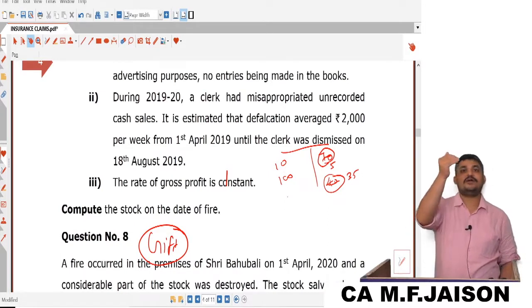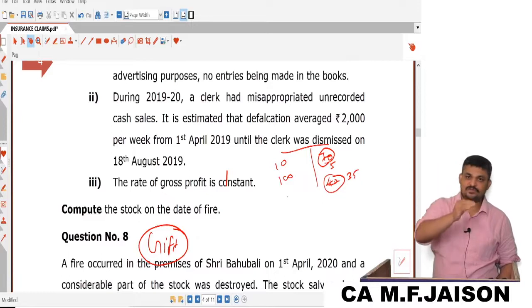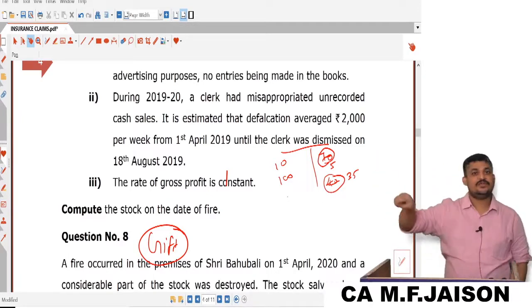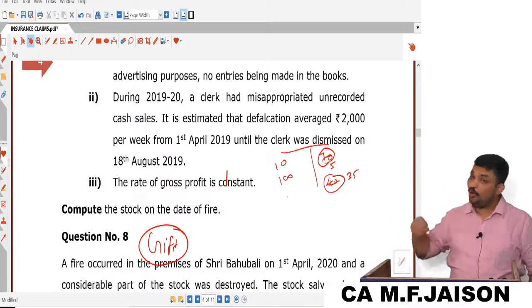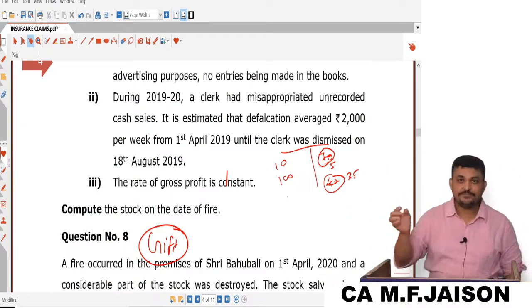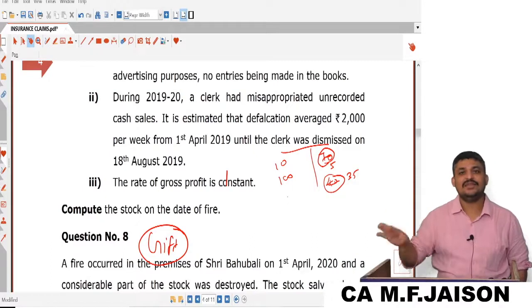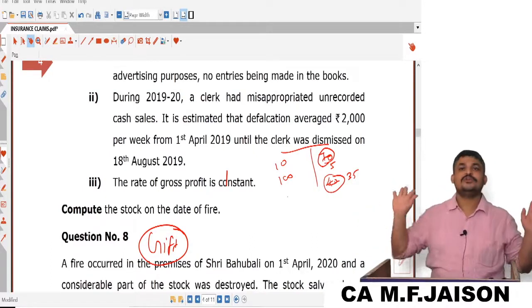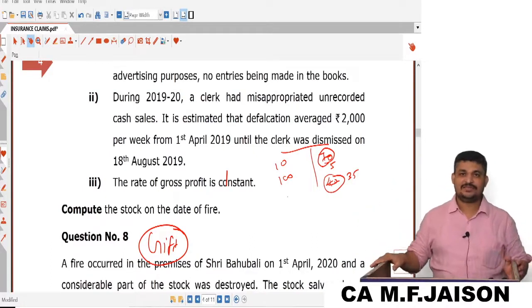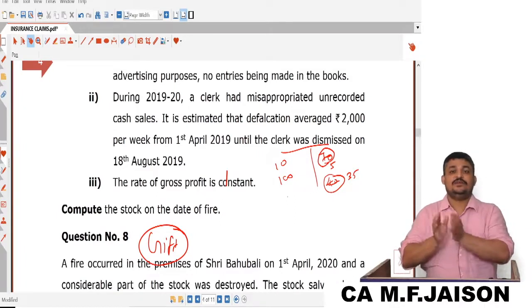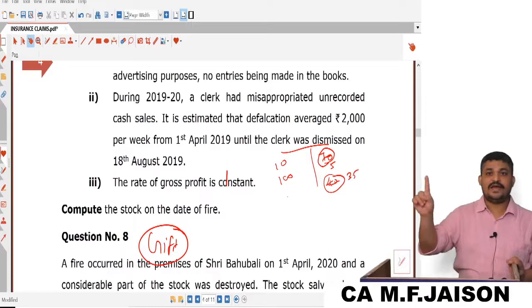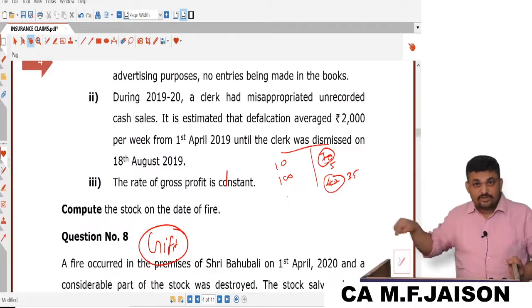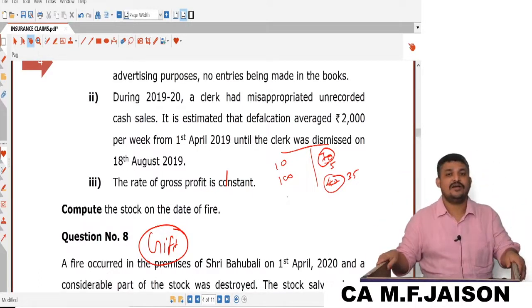Opening stock plus purchases gives total stock; when you deduct sales, you get closing stock as a balancing figure, that is stock on the date of fire. So these sold goods should have been included in sales. This is the only thing we should do. Sold goods should have been included in the sales, which means unrecorded sales. You should find out how much and add it to sales.